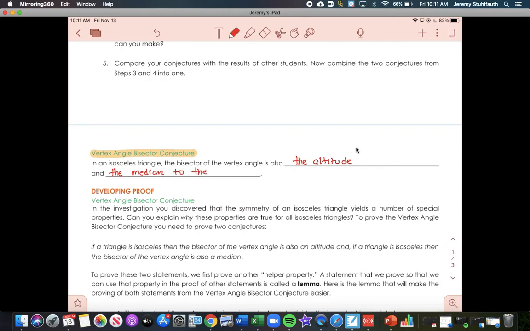So what we know is that if you have an isosceles triangle and you create the angle bisector of the vertex angle, that line segment is also going to be your altitude and the median of that base.